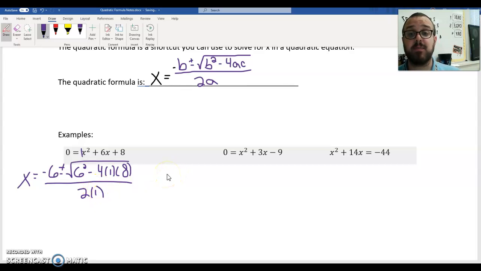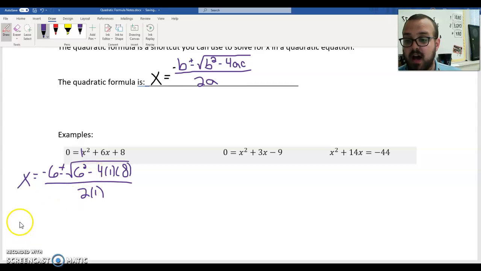And then basically you're going to simplify what's inside the square root, okay? You can do that in two steps if you want, squaring this and multiplying this and then combining those together, or you can just do it on your calculator. However you want to do it, you want to simplify what's underneath the square root. So in this instance, 6 squared is 36. 8 times 4 is 8, 16, 32.